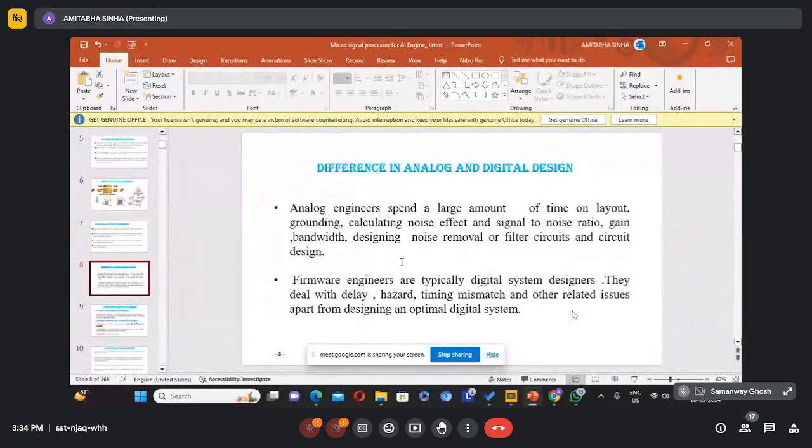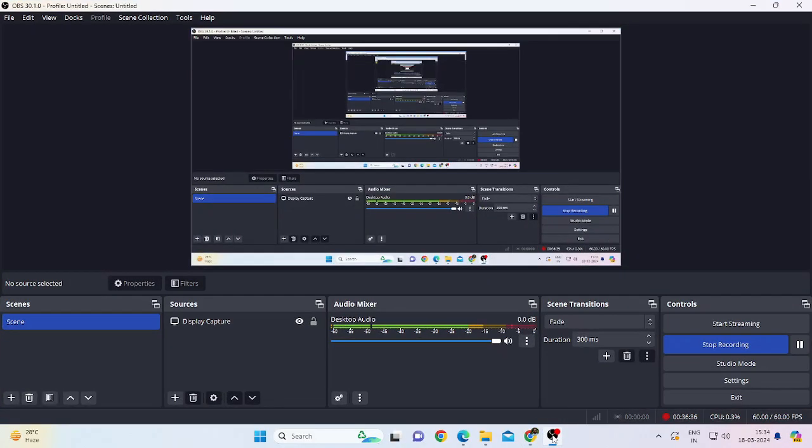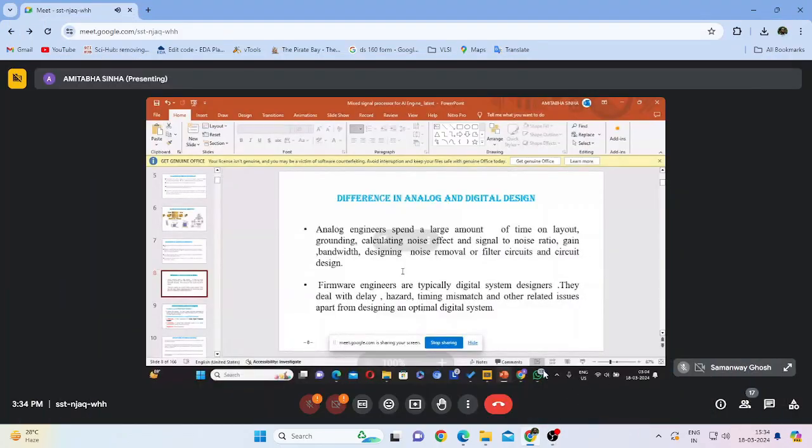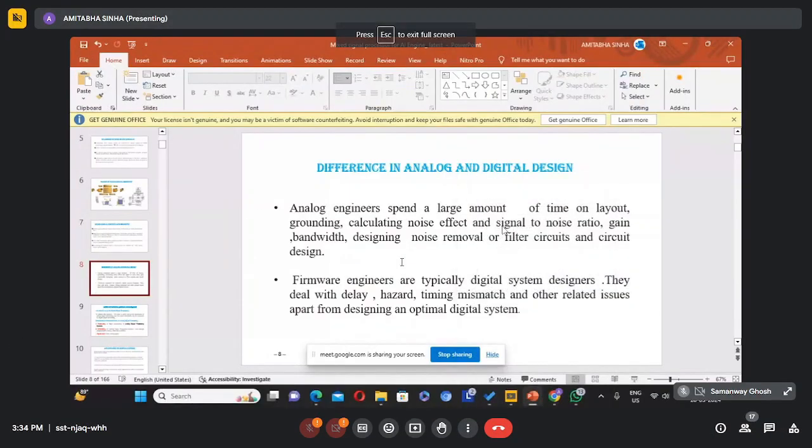Analog engineers spend a large amount of time on layout, grounding, calculating noise effect and signal to noise ratio, gain bandwidth, designing noise removal or filter circuits. So a lot of effort has to be put into designing analog circuits. Truly speaking, analog circuit designs are much tougher and more challenging compared to digital circuit design.